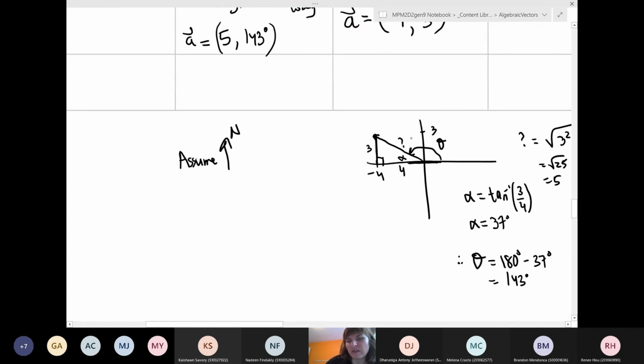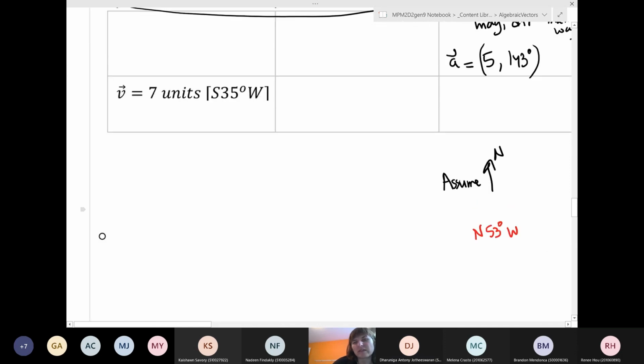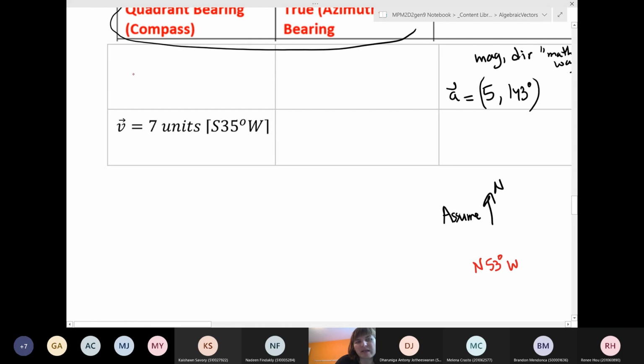Okay, so what would be this angle over here, this red one? Because that's the one that we want to quote away from north. This one over here. Anyone? 53. 53. So then you would say north, west, and 53 in the middle, right? So if you wanted to quote it in compass bearing, you would say it is 5 units, and then in square brackets, we would say north 53 degrees west. You've seen this notation before.